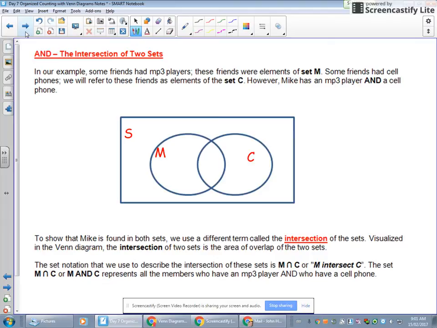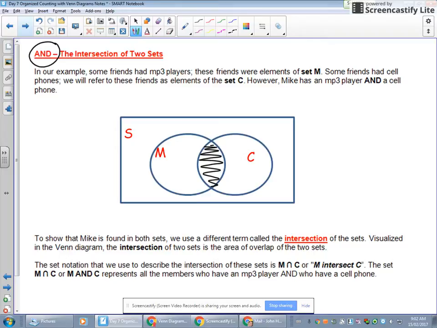Now we're going to be talking about the intersection of two sets, so things that are common. In this particular case, the intersection is denoted by the word and. So who has an MP3 player and a cell phone? We call that the intersection of these two sets, and that's denoted by the information that's contained in the middle.